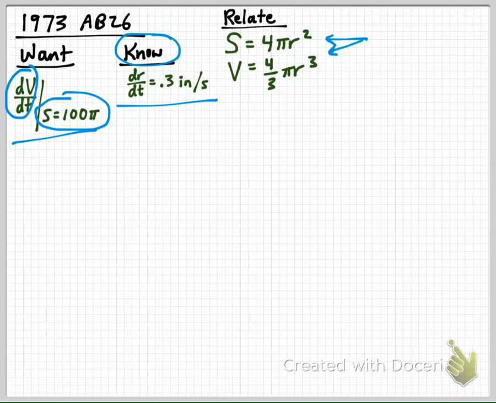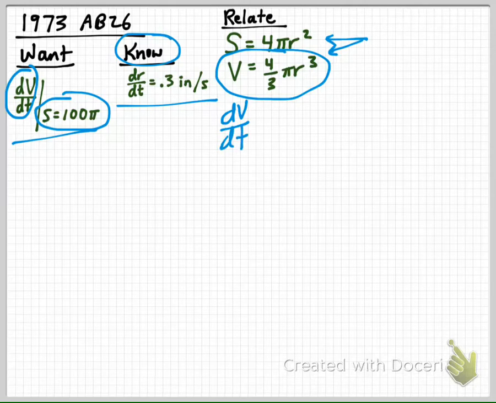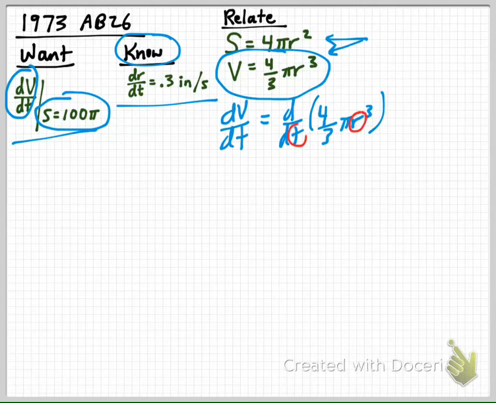If we want dV/dt, the rate of change of the volume, then we're going to need a rate of change of the volume in an equation. So it kind of begs us to take this equation here and differentiate both sides with respect to t. We know from our implicit differentiation section that the derivative of a function of r with respect to a different variable requires the chain rule.